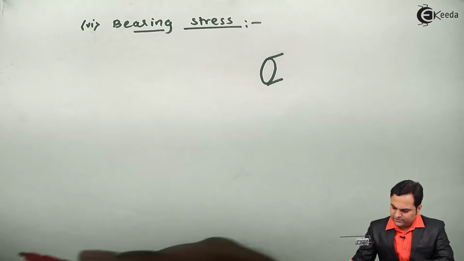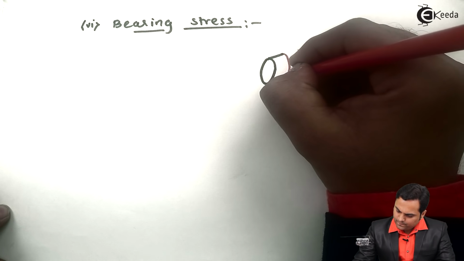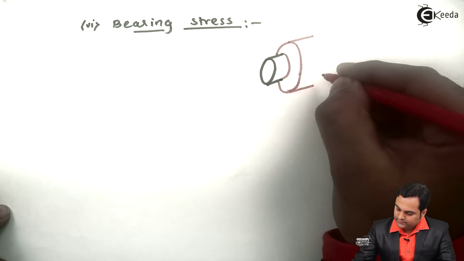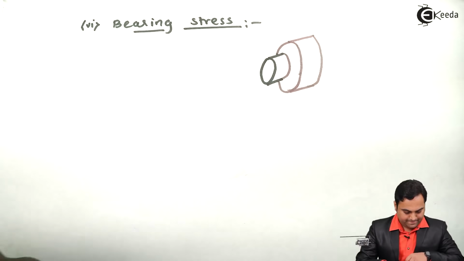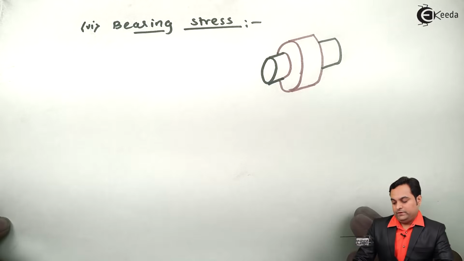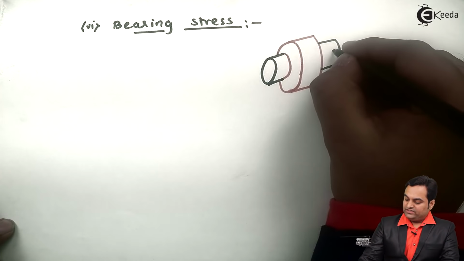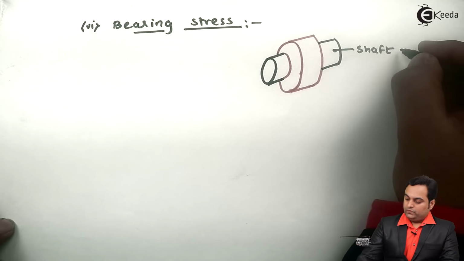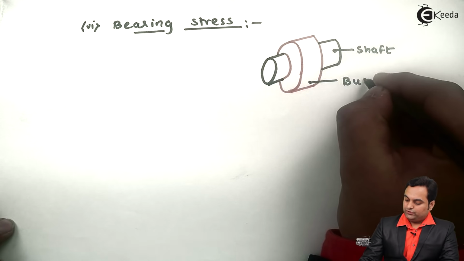I can give you an example. Suppose we have a shaft, and over that we have a bush, like the diagram I am drawing. This is a shaft, and here we have a bush.